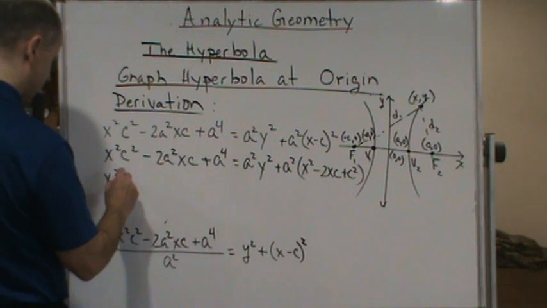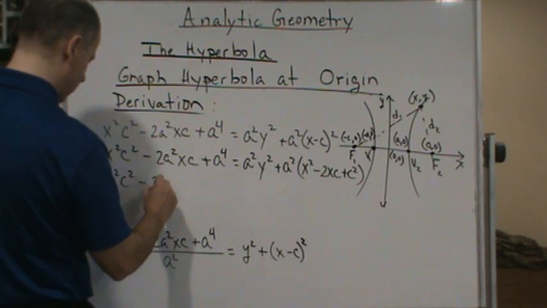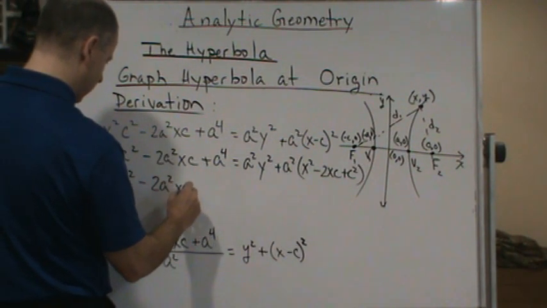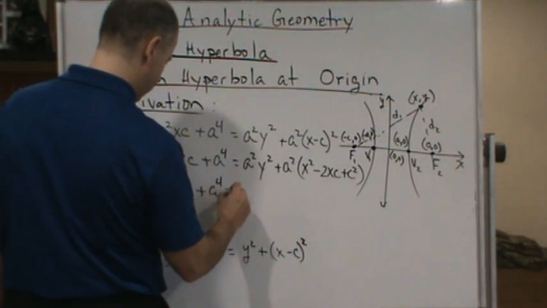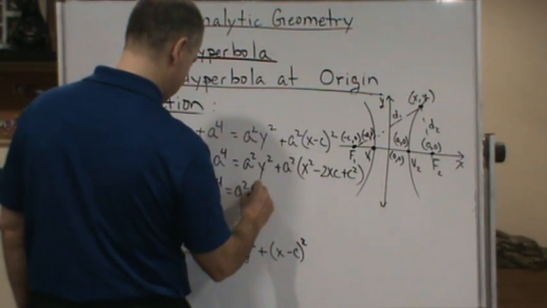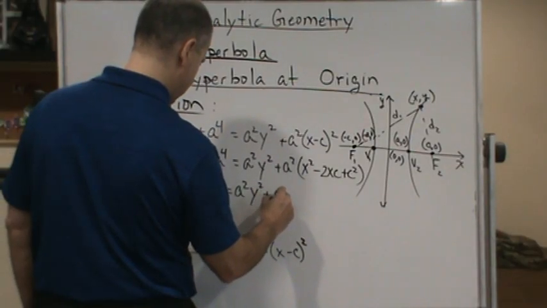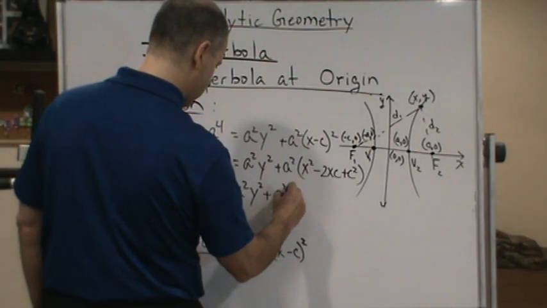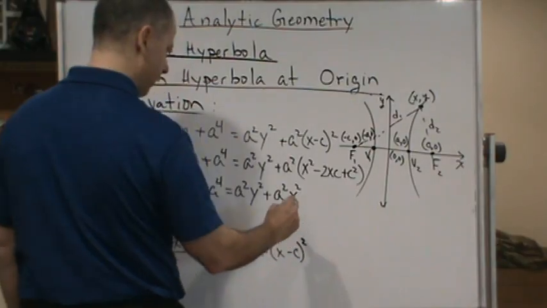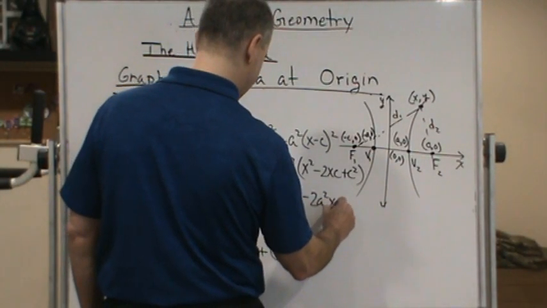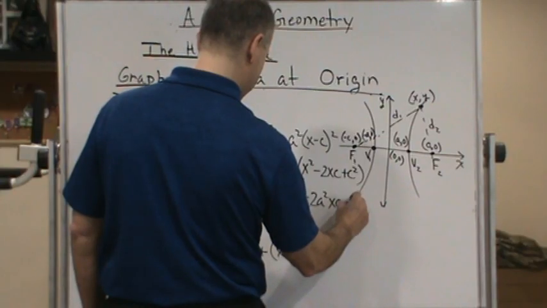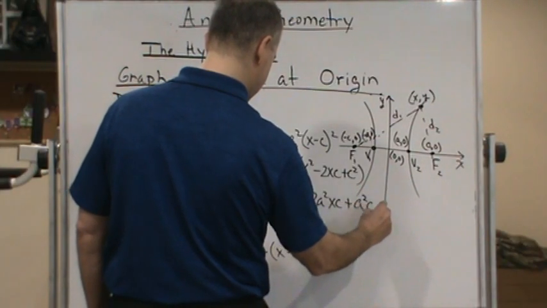So x squared c squared minus 2a squared xc plus a to the fourth equals a squared y squared plus, now this gives me a squared x squared minus 2a squared xc plus a squared c squared.